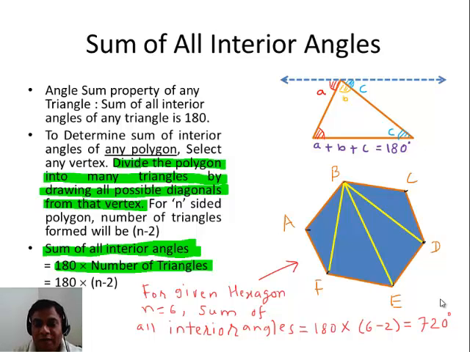So we can directly apply n equal to 6 for the hexagon. So 180 multiplied by (6 minus 2) will be 720 degrees. So the angle sum property, or sum of all interior angles in a hexagon, is 720 degrees. This is one of the most important properties of a polygon.